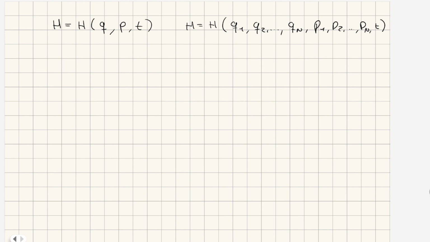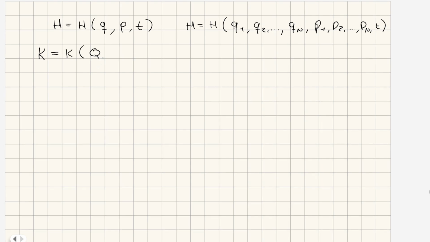It is not exactly the same as the Hamiltonian, but it is an analog function that we are going to name with the letter K. This new function K will be a function of some new generalized coordinates that we name with the upper case versions of the little q's and little p's: upper Q1, Q2, all the way up to Qn, then P1, P2, all the way up to Pn, and the time.